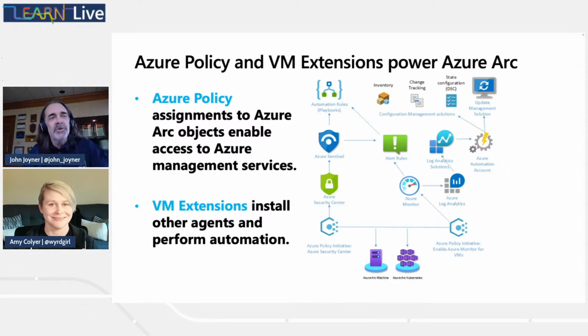So returning to our diagram, we have our Azure Arc servers. We have policies that install solutions and agents, and in the upper half of the diagram, we see a Log Analytics agent reporting to a Log Analytics workspace that has Azure Automation solutions installed, like Update Management and Change Tracking, right?